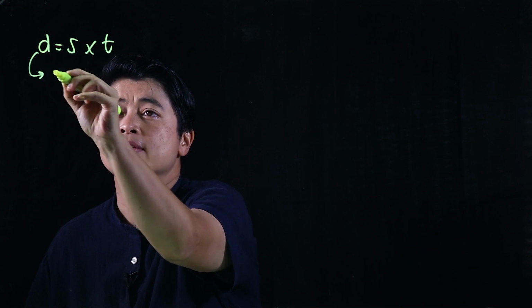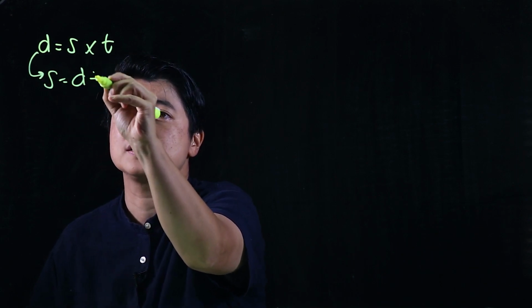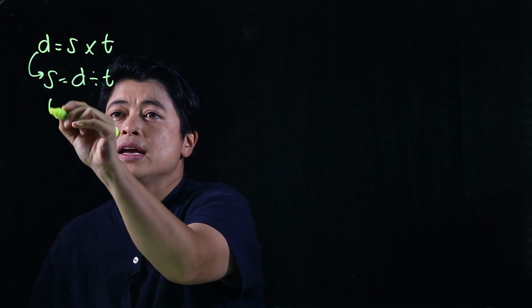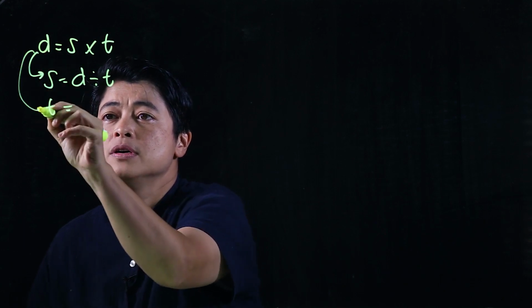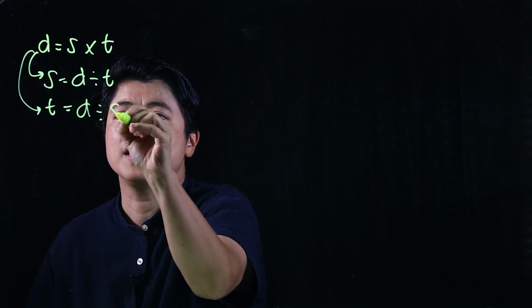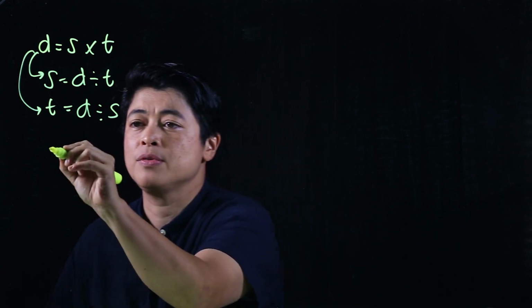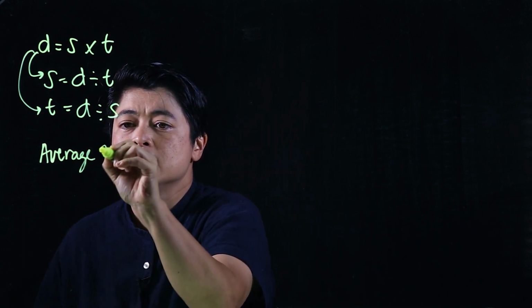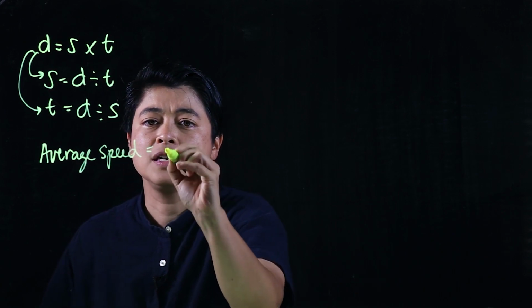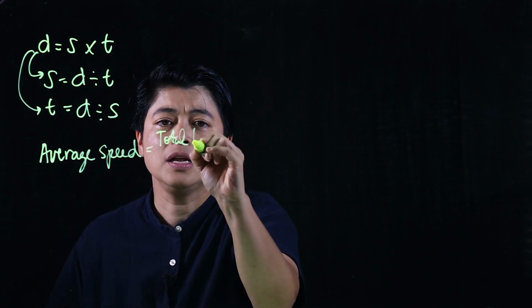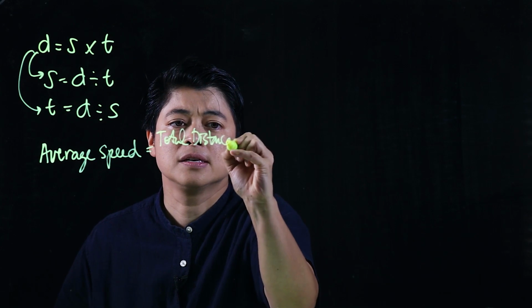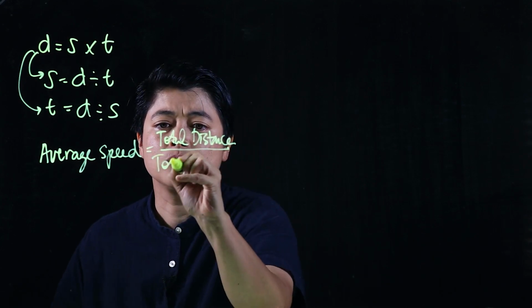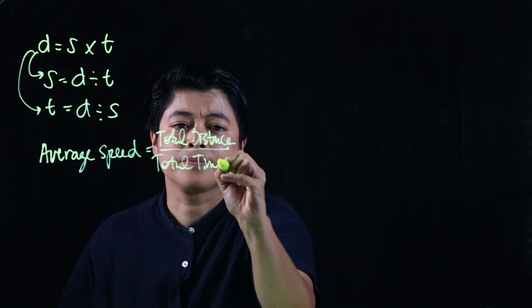From there, we should have speed is equal to distance divided by time, and time is equal to distance divided by speed. And we also found average speed is equal to total distance over total time.